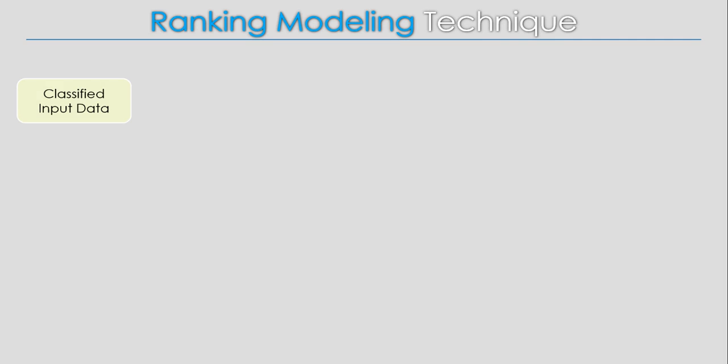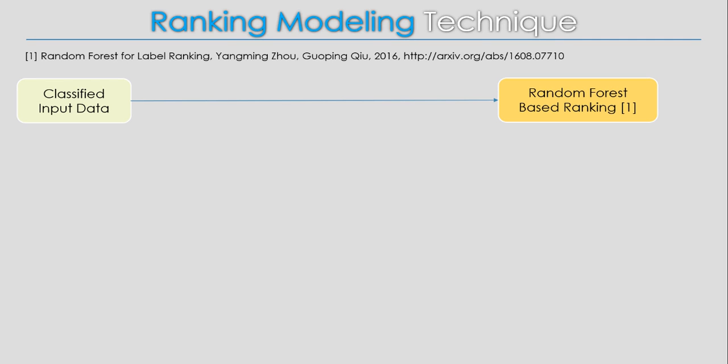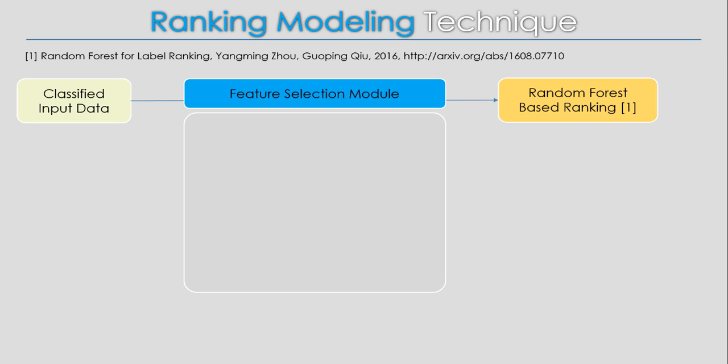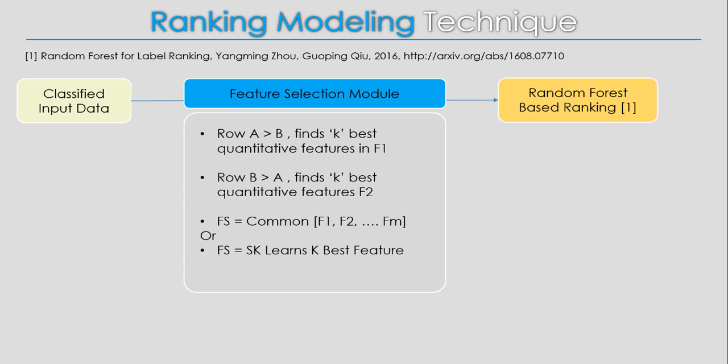Gaggle uses a ranking model technique as described in the work of Zhu et al. To rank data, they create a binary classifier based on a pairwise comparison of a set of data instances that generates a ranking score to each data item. However, we incorporate a custom-designed feature selection mechanism in which Gaggle finds k-best features that makes a data item higher ranked than the other as specified by the user.